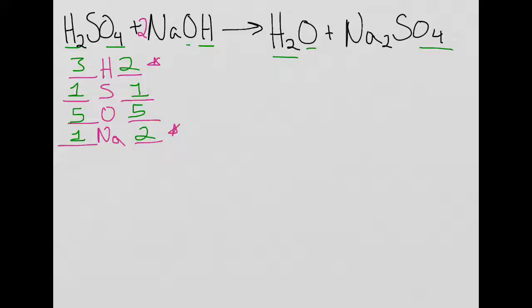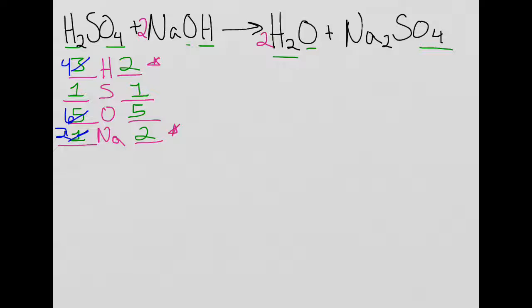So I've increased my sodium, so now I have 2 on the left and 2 on the right. That's fine, but I've also changed my oxygens and my hydrogens. So I now have 6 oxygen on the left, and I have 4 hydrogens as well. And I've changed my hydrogens, and I think the easiest way to go up in my hydrogens and my oxygens is to add a 2 over here.